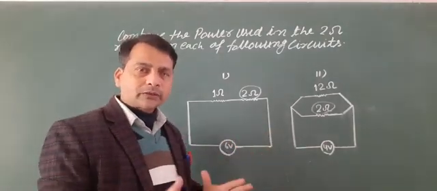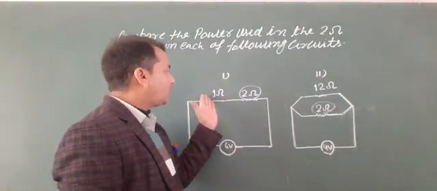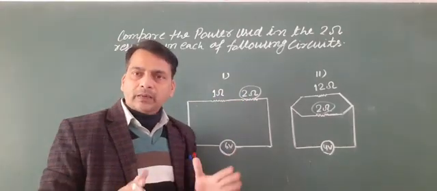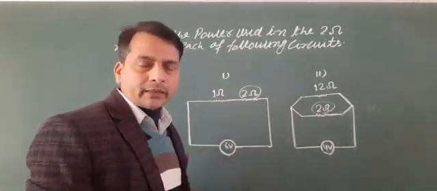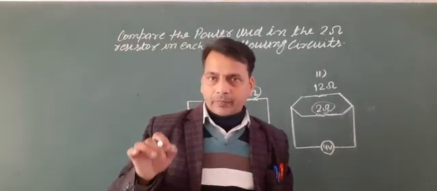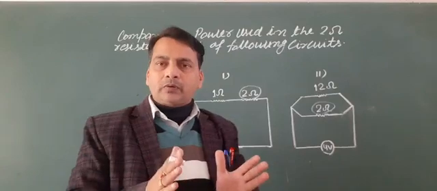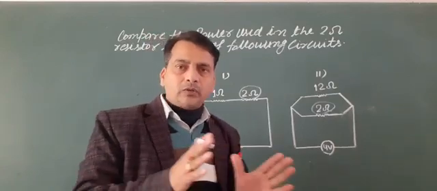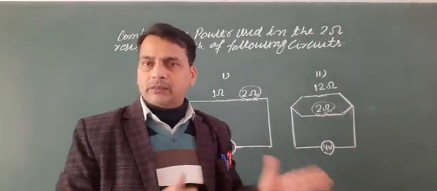So first we calculate the effective resistance of the 1 ohm and 2 ohm. As you know, the equivalent resistance in series combination is the sum of the individual resistors.